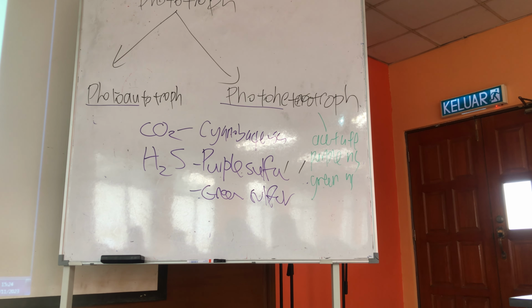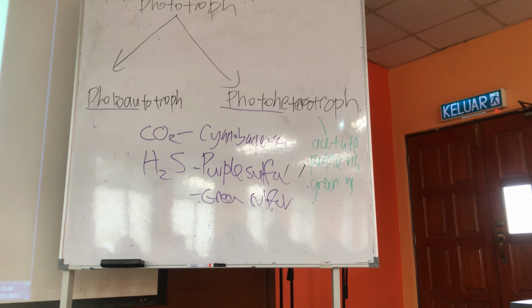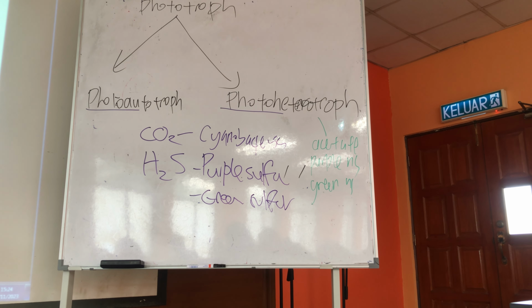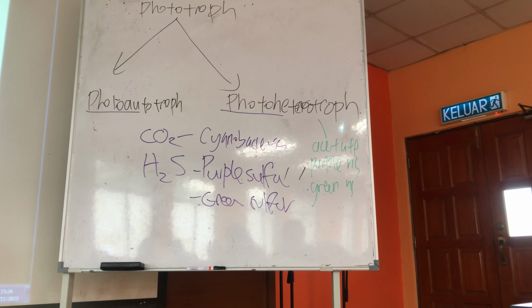Even though they are classified under the same nutrient and energy classification of photoautotroph, they are further divided into two different groups depending on their ability to produce oxygen. Cyanobacteria only can produce oxygen.